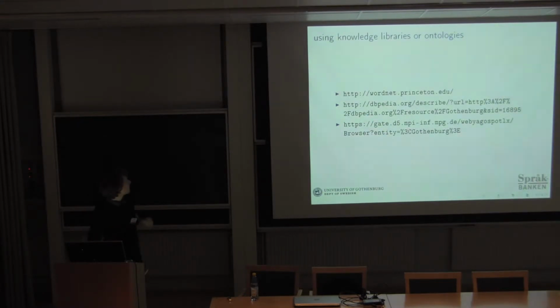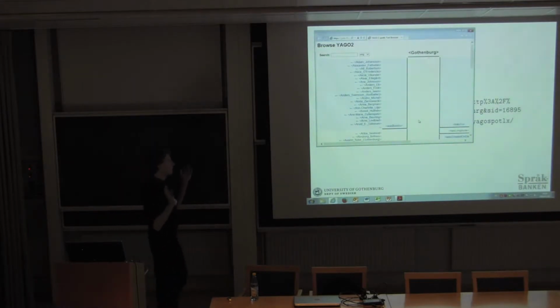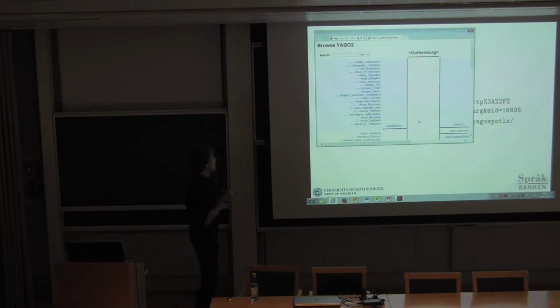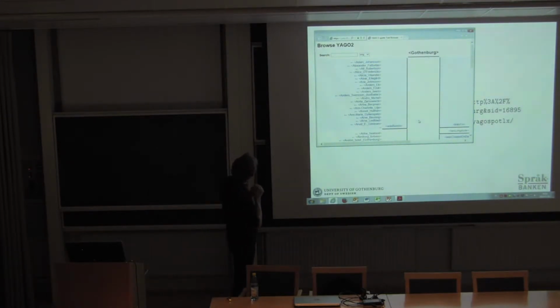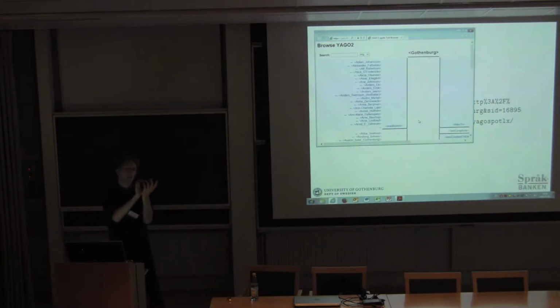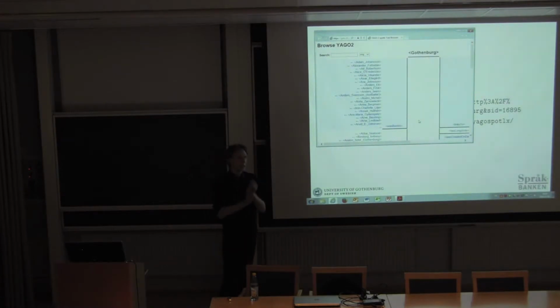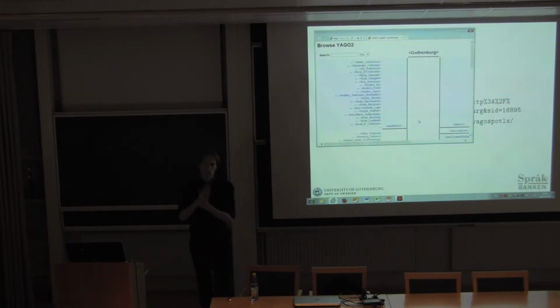The final link here is called YAGO, and YAGO is a bit like DBpedia, but they have also tried to merge it with many other knowledge libraries. So here is, for instance, the YAGO entry for Gothenburg. It's a kind of entity in a database, and then there are typed links to other entities.